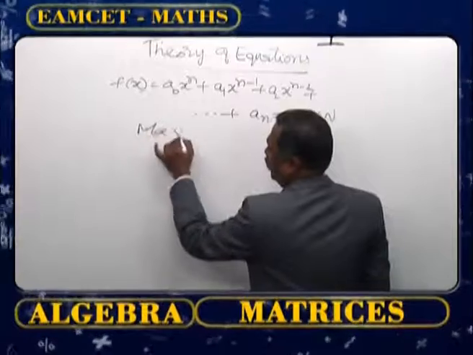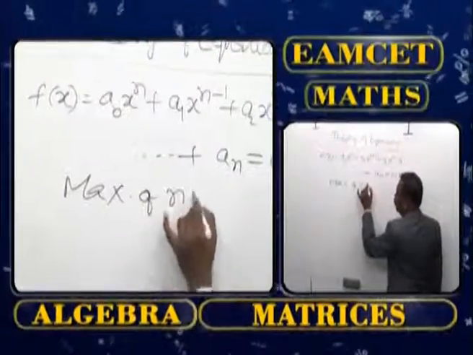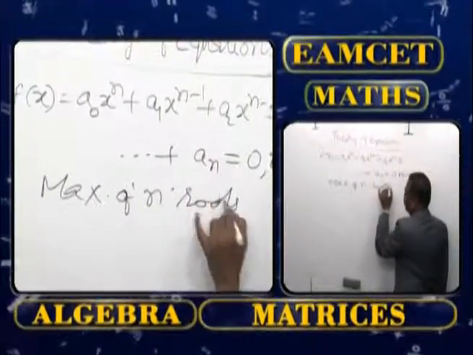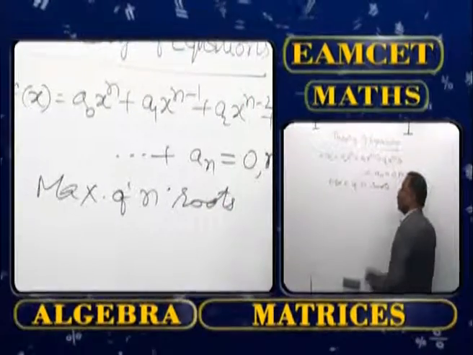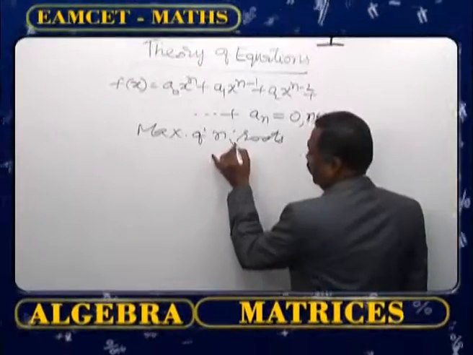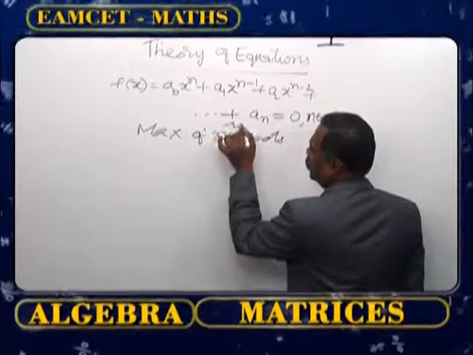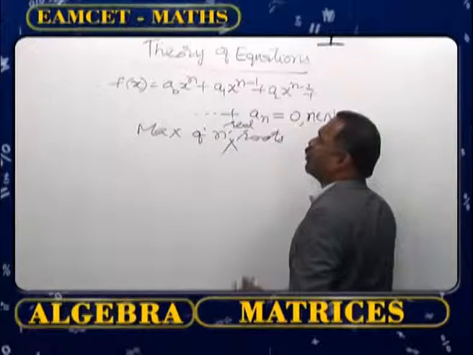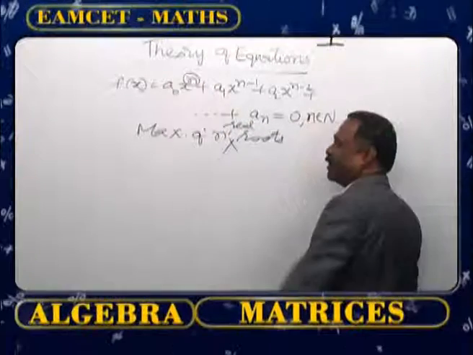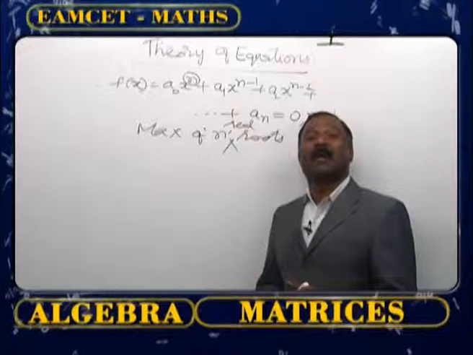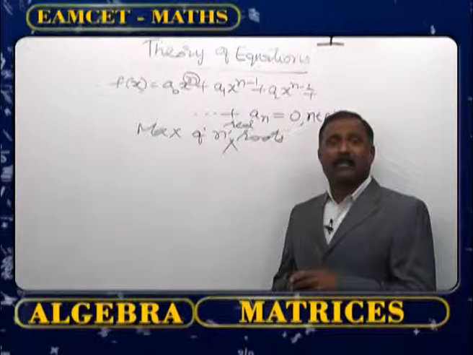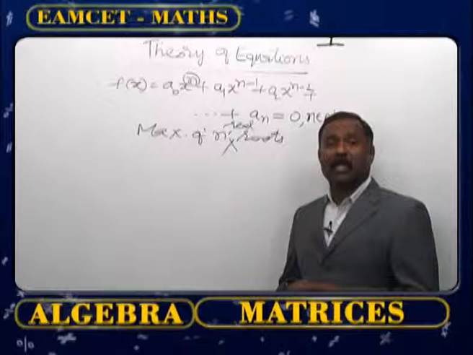It will have a maximum of n real roots, and including all roots, it will have n roots. Some may be equal roots, that is, repeated roots.